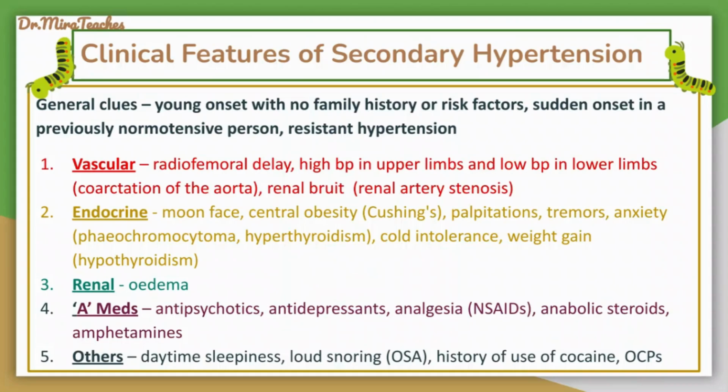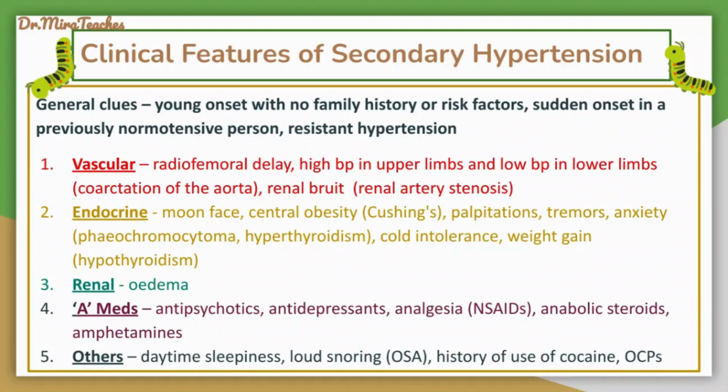If the person is of a very young age, with no family history, no risk factors, you should be thinking about secondary hypertension. If it's a sudden onset in a previously normotensive person, or if the person has been on a minimum of 3 medications and the BPs are still not going down, you should be thinking that maybe we are dealing with secondary hypertension, so we need to probe further.